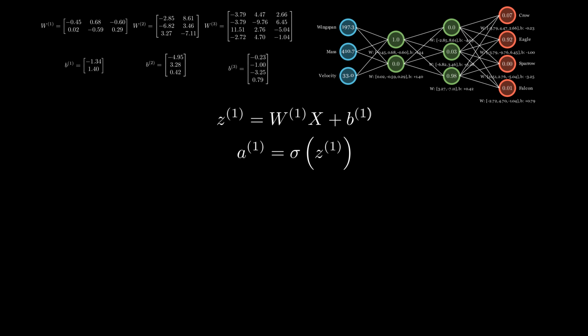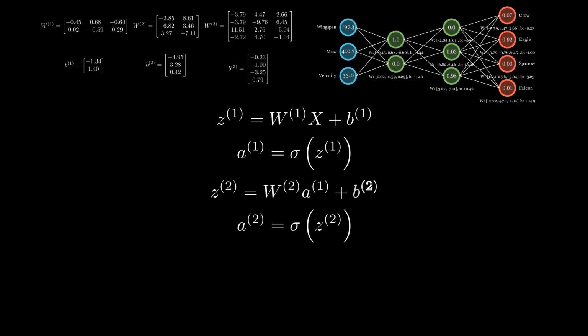Z1 is the linear part of the first hidden layer, that is W1 times X plus B1. We pass that to the activation function, so A1 equals sigma of Z1. Now A1 is the output of the activation function, but also of our first hidden layer. Now for the second one.